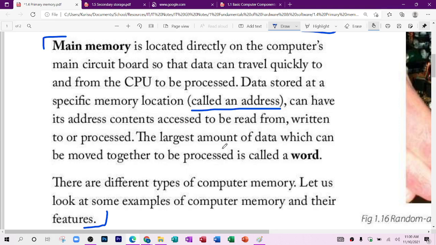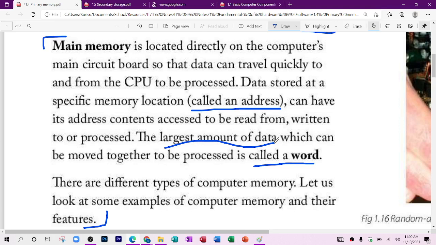Can you speak up a little, Akila? The largest amount of data which can be processed at once is called the word. There are different types of computer memory. Let us look at some examples of computer memory and location.